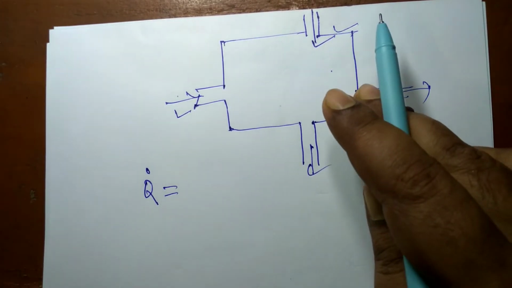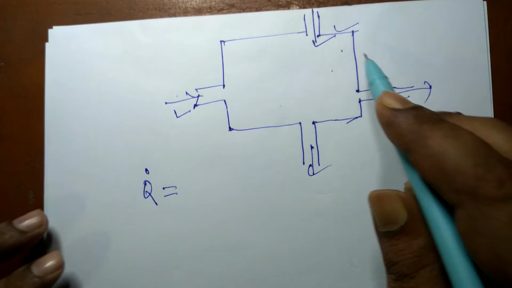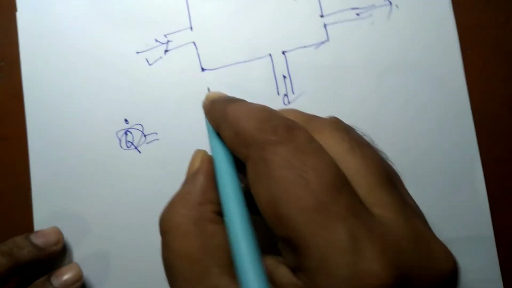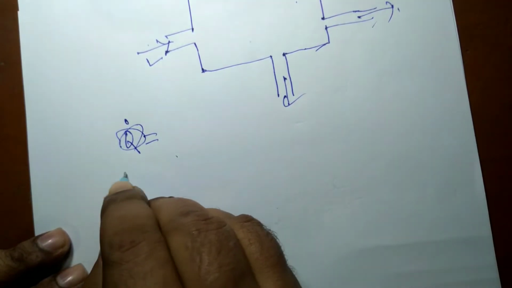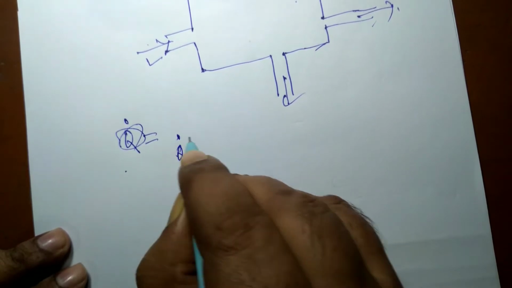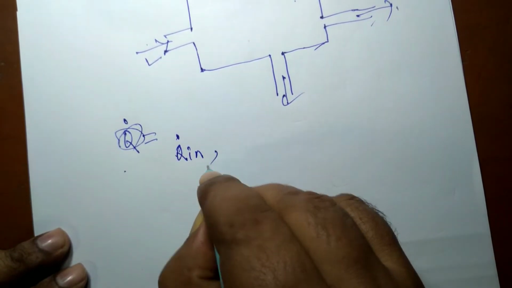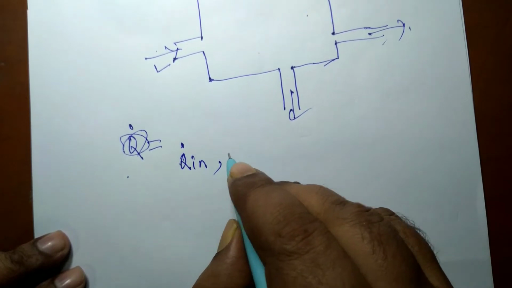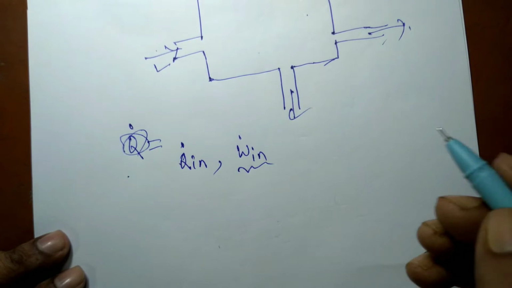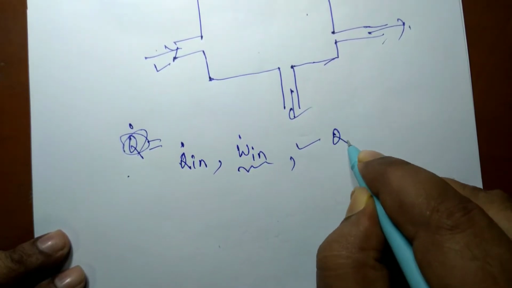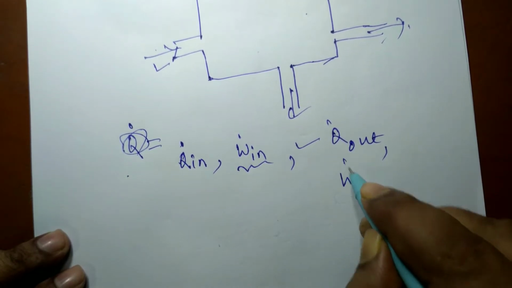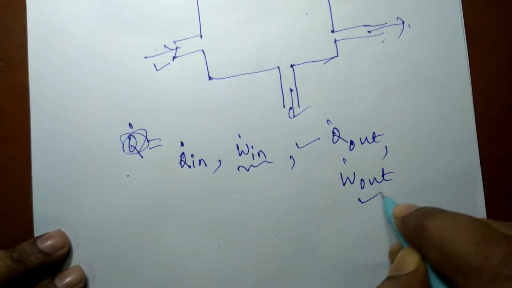It's not necessary that only heat will enter the system and heat will not leave the system. Suppose the rate of heat entering the control volume is Q dot in, the rate of work entering the control volume is W dot in, the rate of heat leaving the control volume is Q dot out, and the rate of work leaving the control volume is W dot out.